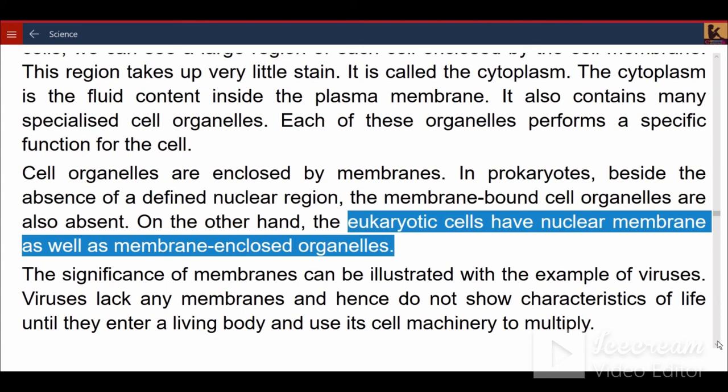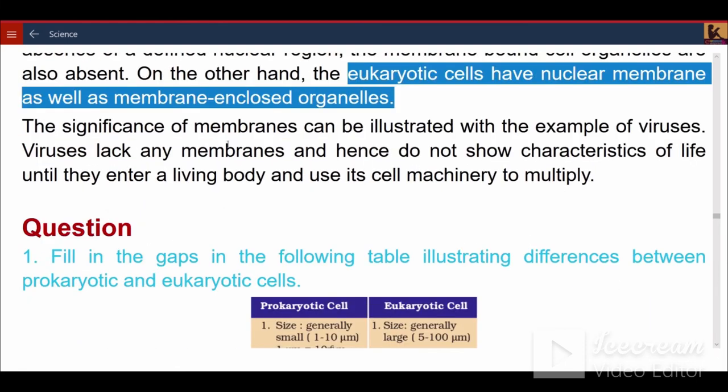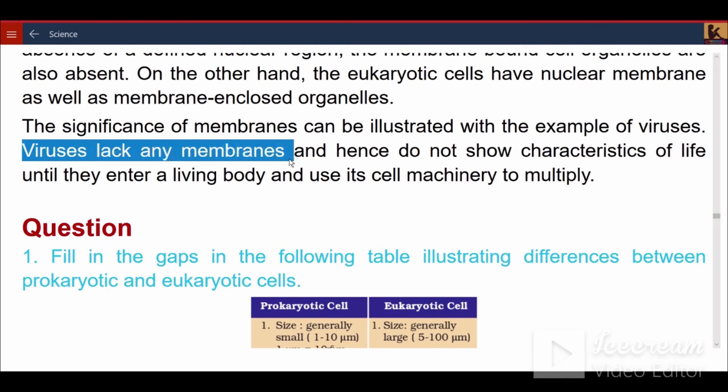The significance of membranes can be illustrated with the example of a virus. Now let's talk about viruses. As we are going through the COVID-19 situation, you are now aware of viruses, but what are viruses? Viruses lack any membrane.